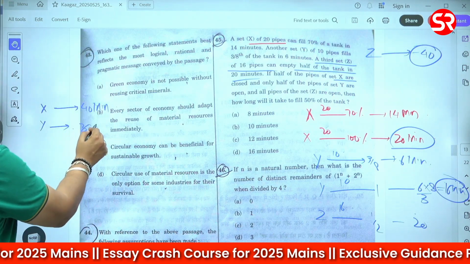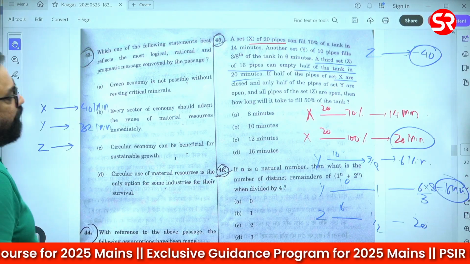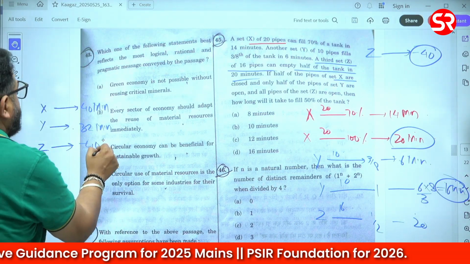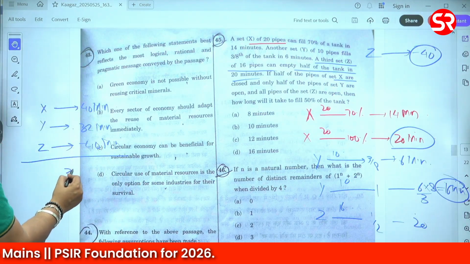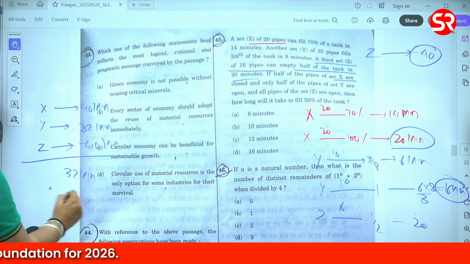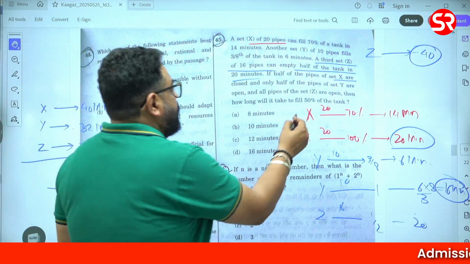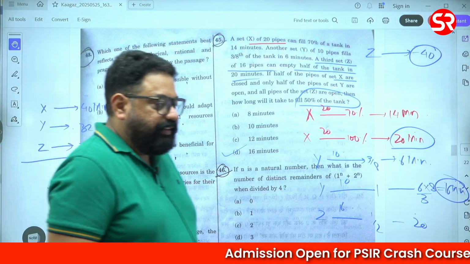Now this is 32 minutes. And Z, otherwise also, was minus 40. If we make them all work together, this is 32 minutes to fill the whole tank. But for 50%, how much will it be? Half of 32, which is 16 minutes.